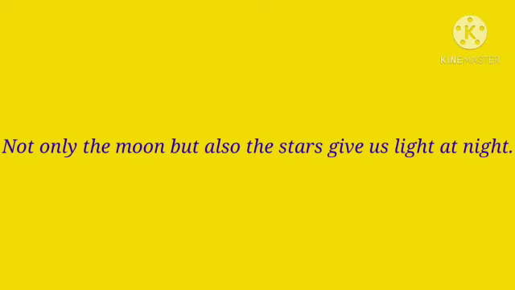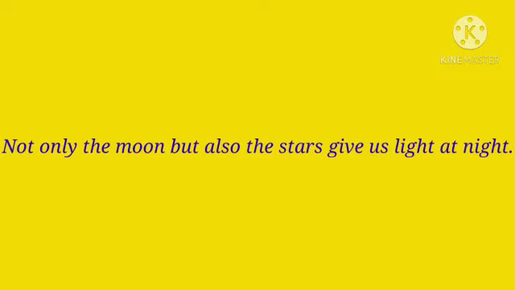Okay children, now see here. Not only the moon but also the stars give us light at night. How is this sentence different from the former sentences? What is the thing you noticed here? When the subjects differ, not only but also comes before the subjects.